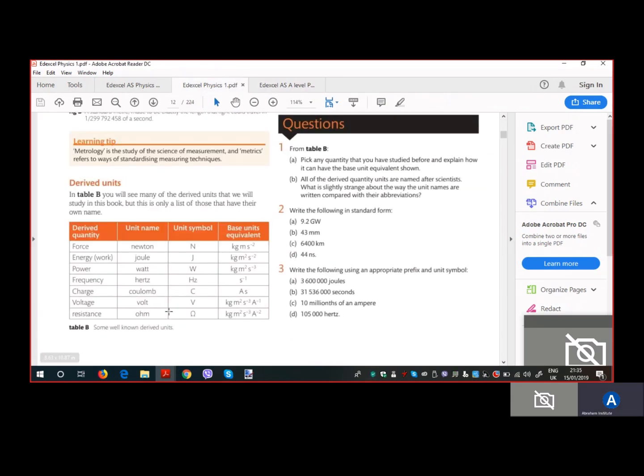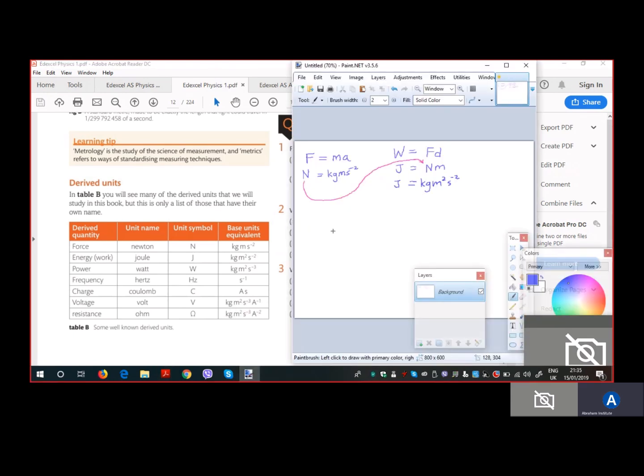All right. So now if you consider something like power, you have to use that equation. Power is equal to energy over time. Now energy is in joules. So power, we use capital P for power, equals energy over time.